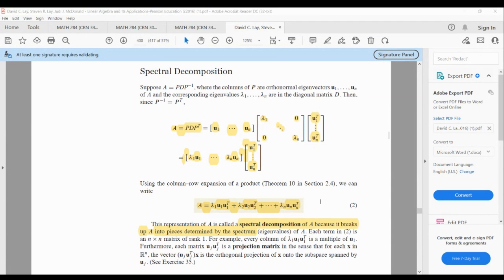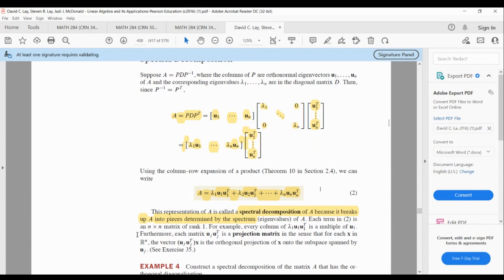This is a big deal if you go on further in matrices. In fact, every matrix uj times uj transpose is going to be a projection matrix.